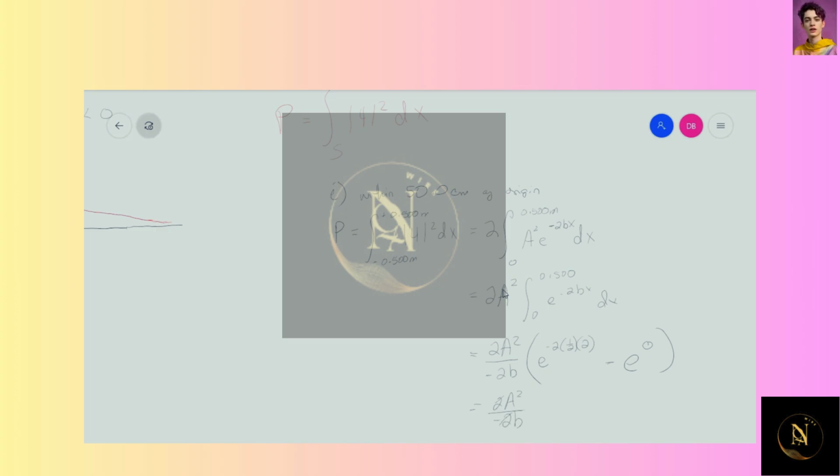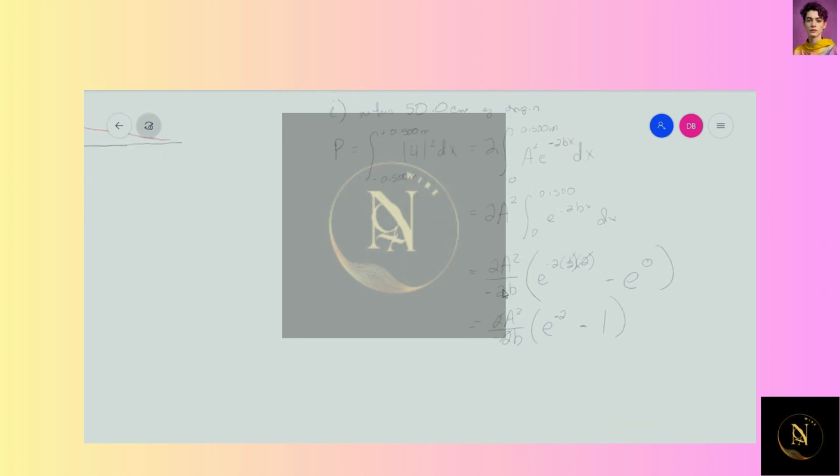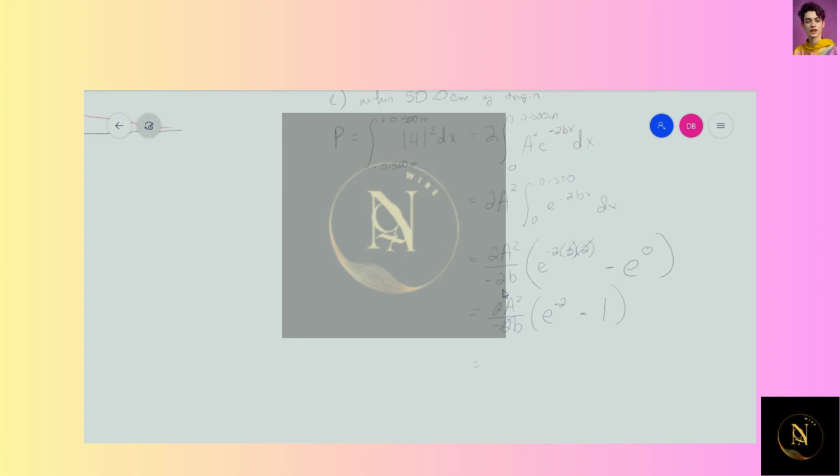The 2's cancel. E to the 1/2 and 2 cancel. So that will give us negative 2 minus 1. And so our final answer for the probability will be a squared over b, over negative b, times e to the negative 2nd power minus 1.